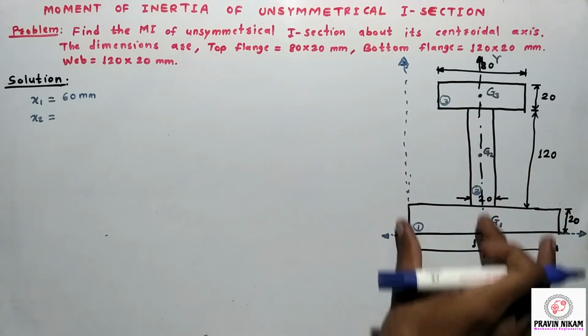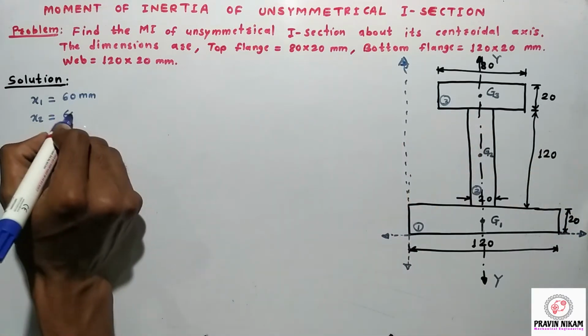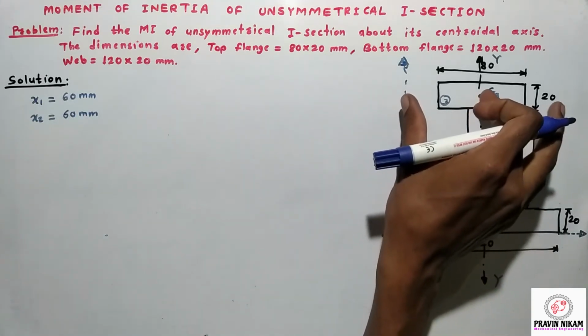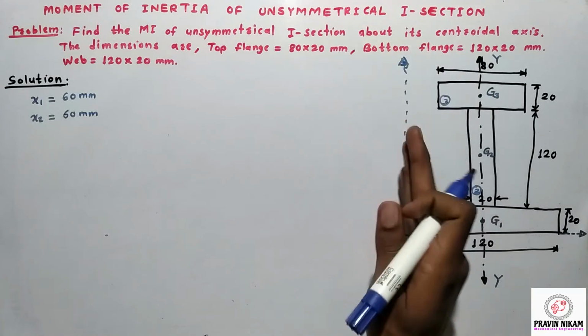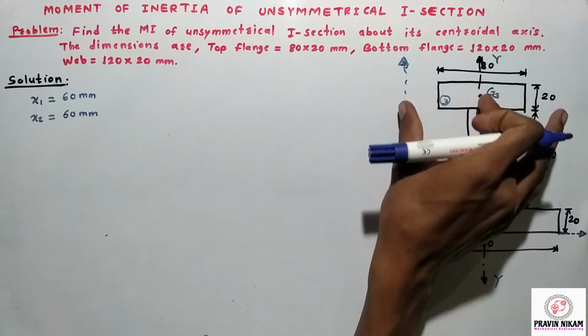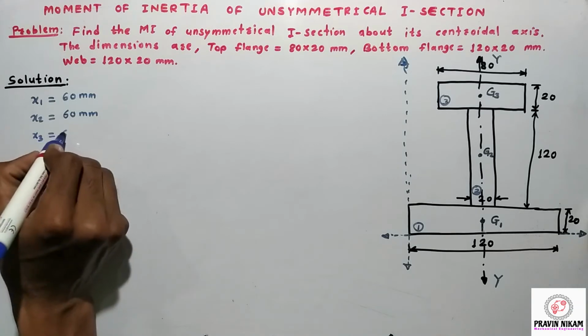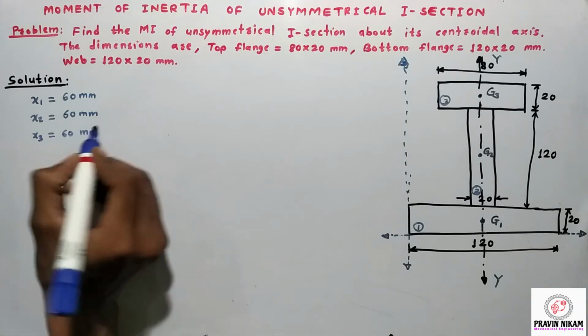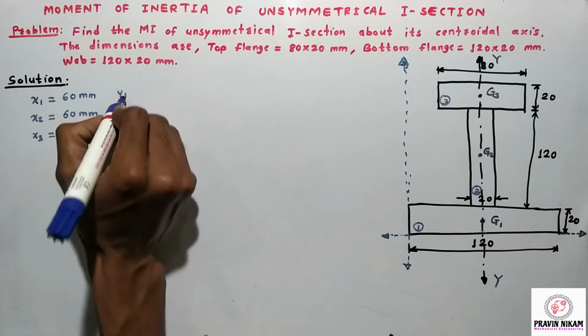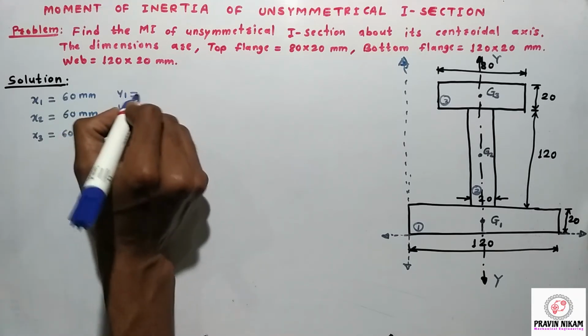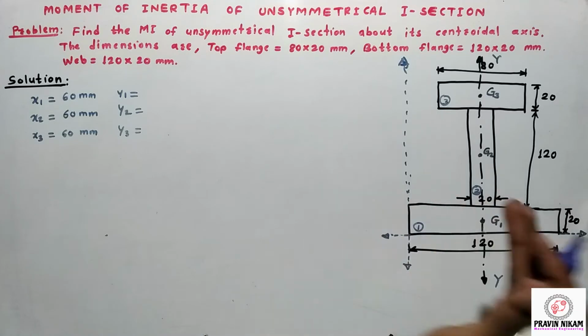So 60 mm. Then x3 is the distance of G3 from the vertical reference axis. So x3 is also 60 mm. Then y1, y2, y3: let us find the values of y1, y2, y3.